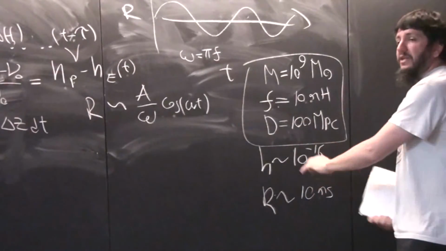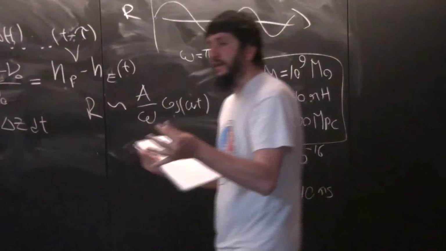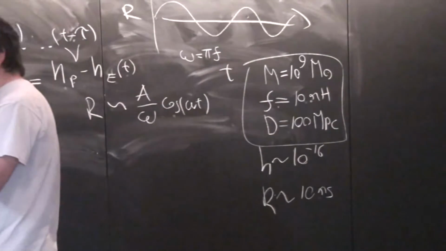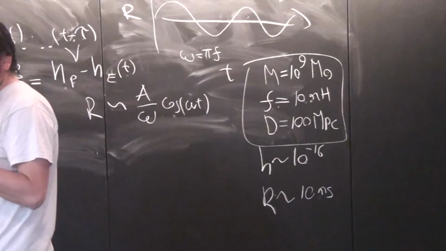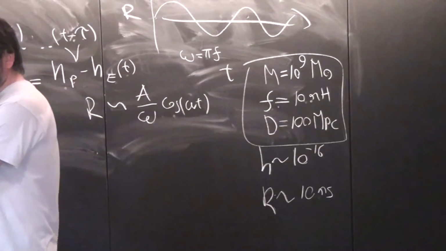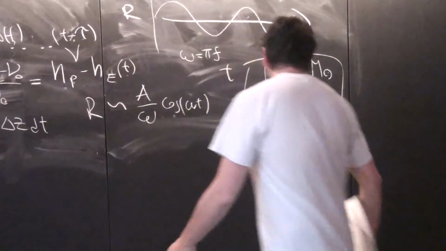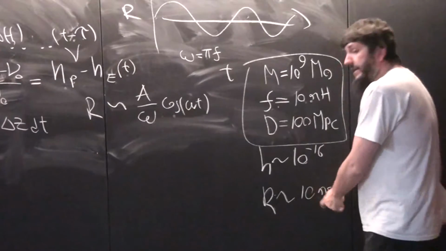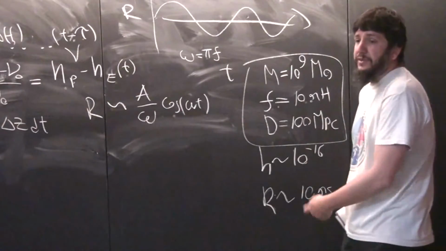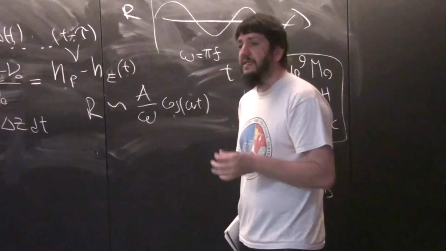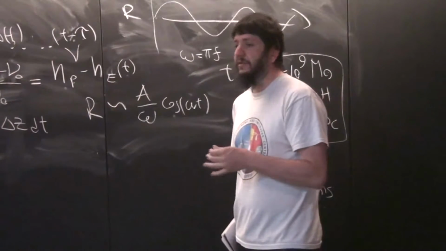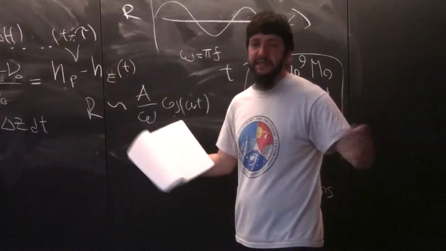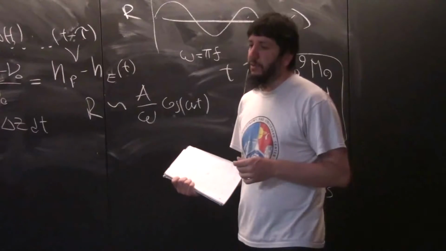But 10 to 100 nanoseconds is the ballpark time accuracy that you need in order to be able to measure this. This is good news because there is a bunch of millisecond pulsars that we can measure with an accuracy of, let's say, 100 nanoseconds, over a time baseline of about 10 years or more. Okay?